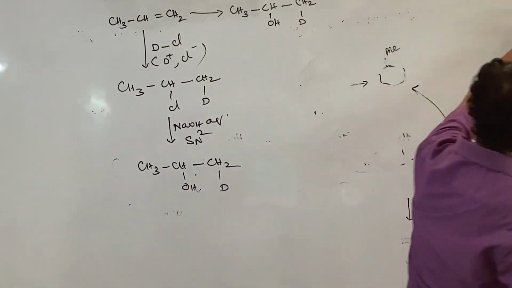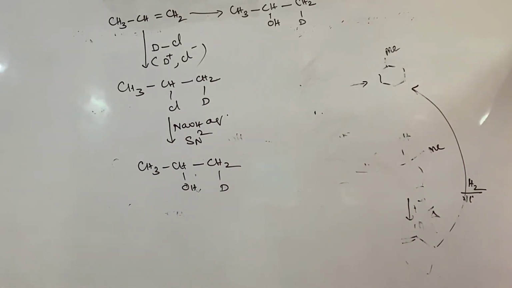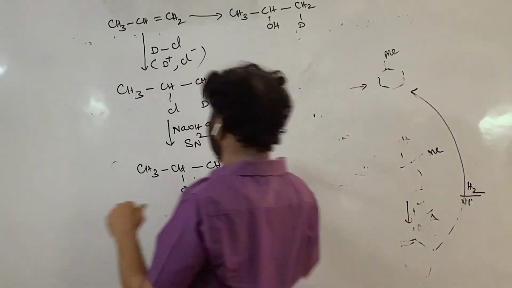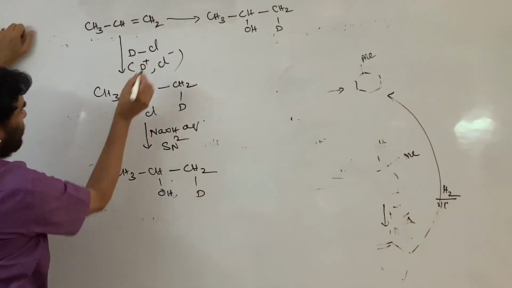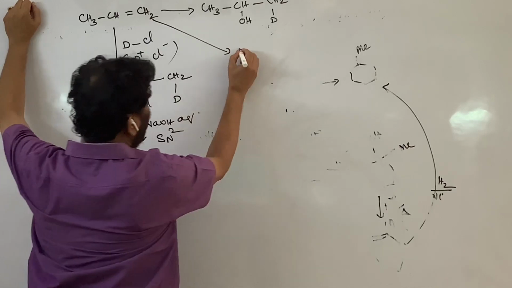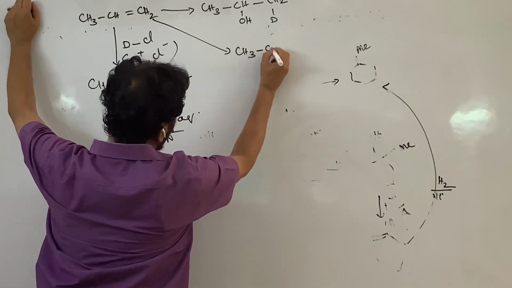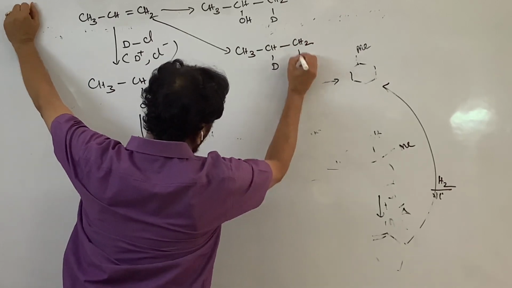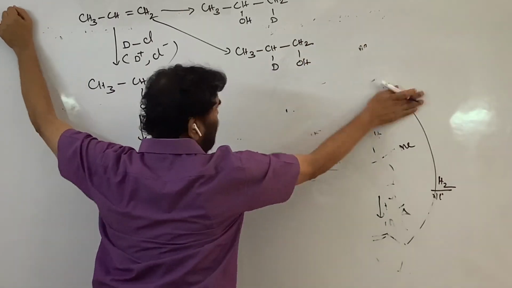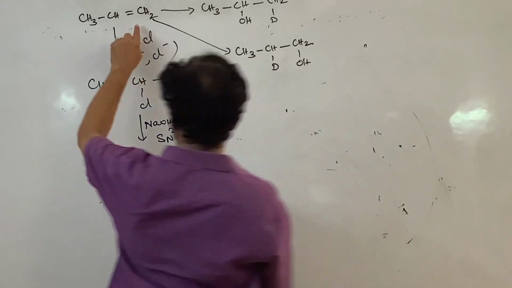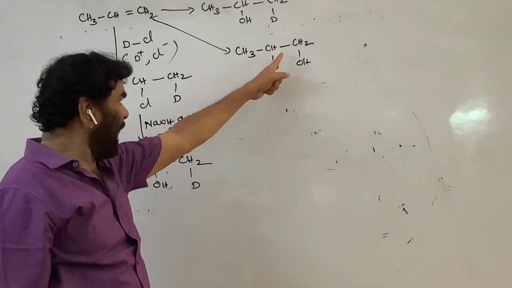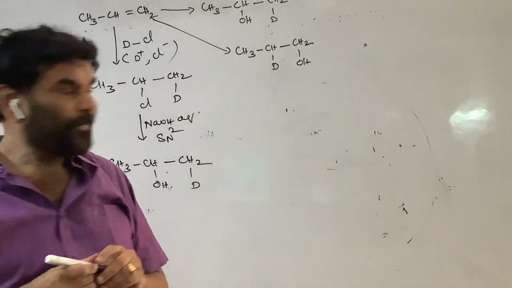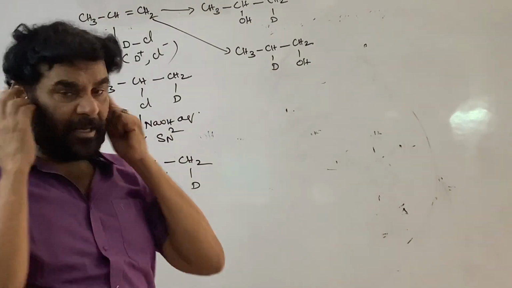And the third one is the reverse. CH3 CHD on the second carbon, OH on the first carbon. So anyhow it is propene, and addition is conducted on the propene, like water.